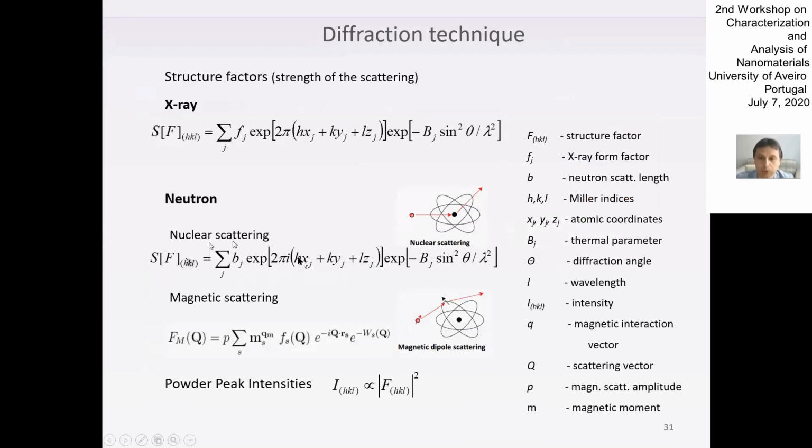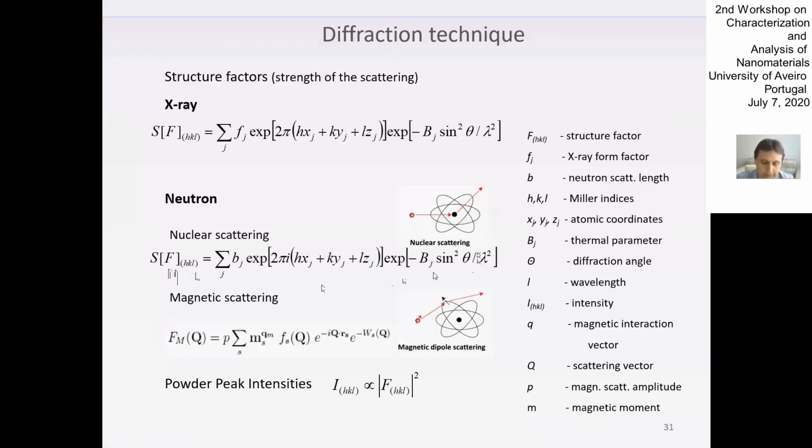A few more formulas. For X-ray, we already know that the magnitude of scattering is a linear function of the atomic number. For neutrons, it's not the case. And for neutrons, the so-called structure factor can be divided into so-called nuclear scattering and magnetic scattering.